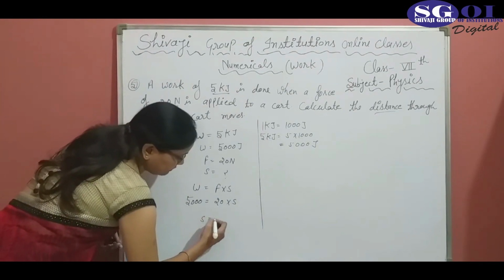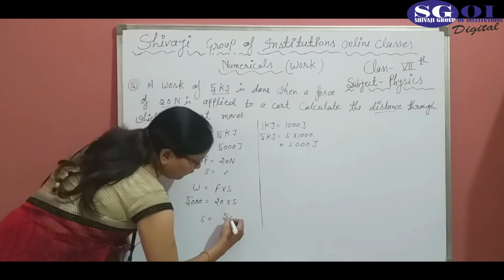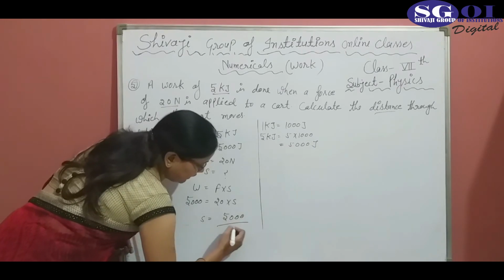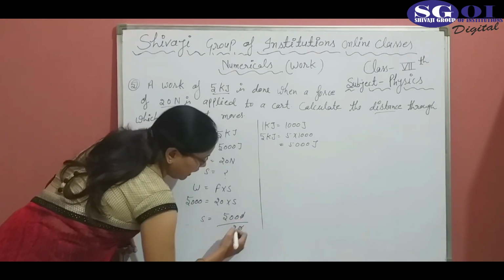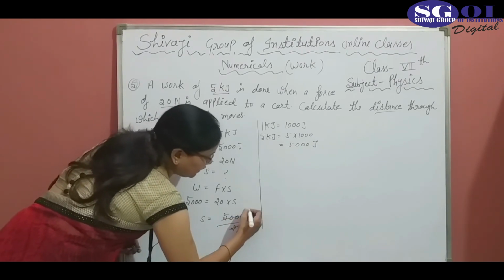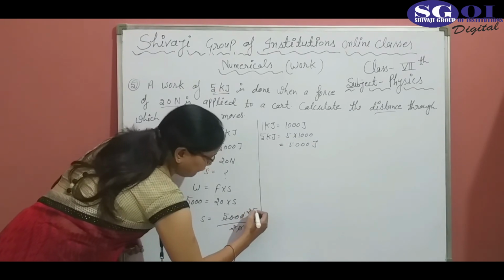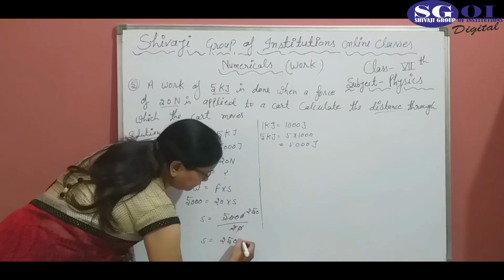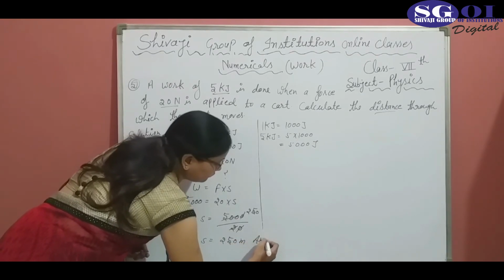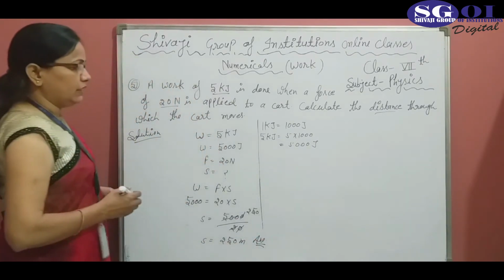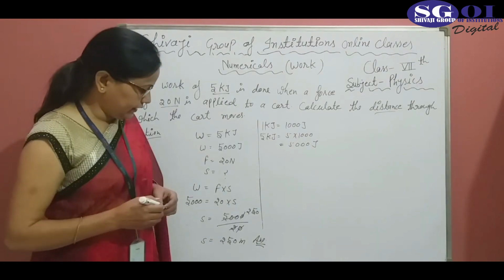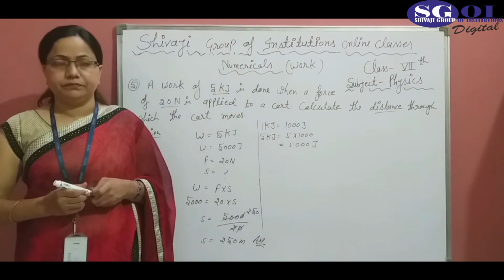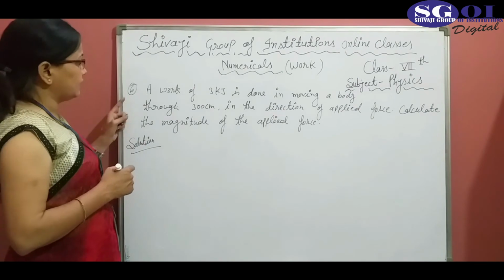So displacement equal to 5000 divided by 20. After dividing we get 250 meter. So the distance is 250 meter. Now student, numerical number 6.